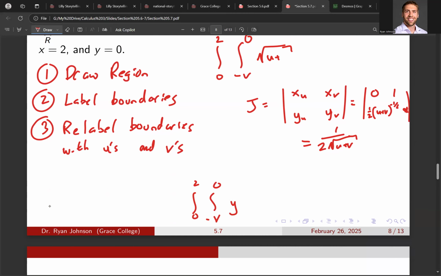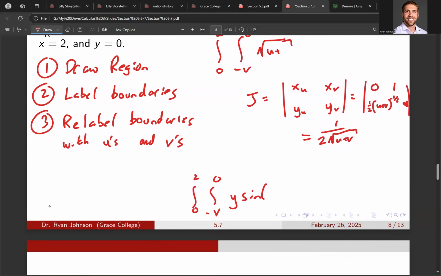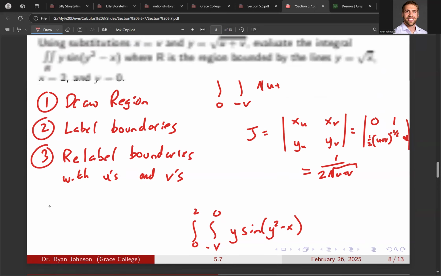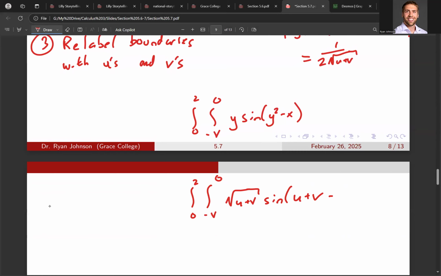And then I need to substitute y in sine of y squared minus x. So then substituting, I get 0 to 2, negative v to 0. y is square root of u plus v, then sine of u plus v, and then x is minus v. And then the Jacobian is 1/2 square root of u plus v. And then we get du dv.